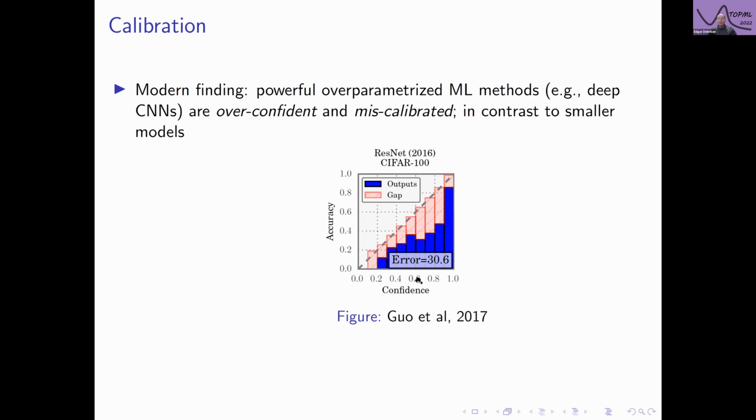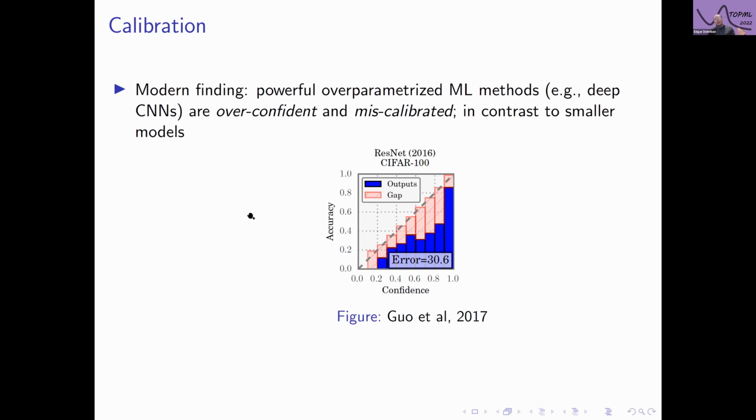It bins the confidence predictions, the f plus values from the previous slide, and for every given bin, it plots the accuracy, meaning the probability that y is equal to the prediction in that bin. If the network was calibrated, we should see things close to the diagonal here. But in fact, let's say for between 0.8 and 0.9 confidence, the accuracy is 0.5. So the neural net is way overconfident.